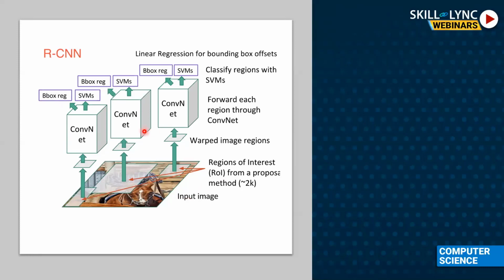In this method, we are not taking the whole image and feeding it into the convolution network. We are taking just some regions of interest from the image, using an algorithm to find these regions of interest, and then we are feeding those regions of interest to our convolutional neural network, and the results from the convolutional neural network we are taking and feeding to support vector machines.